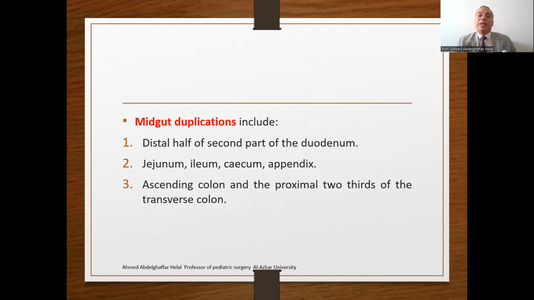Then midgut duplication starts with the distal half of the second part of the duodenum, jejunum, ileum, cecum, and appendix. The ascending colon and proximal two-thirds of the transverse colon are included in midgut duplication.